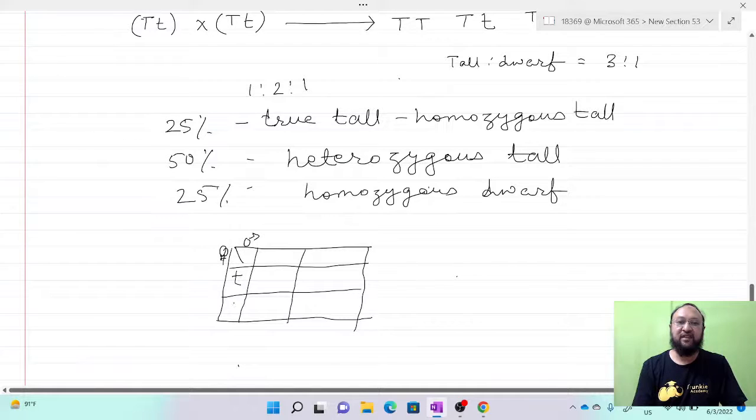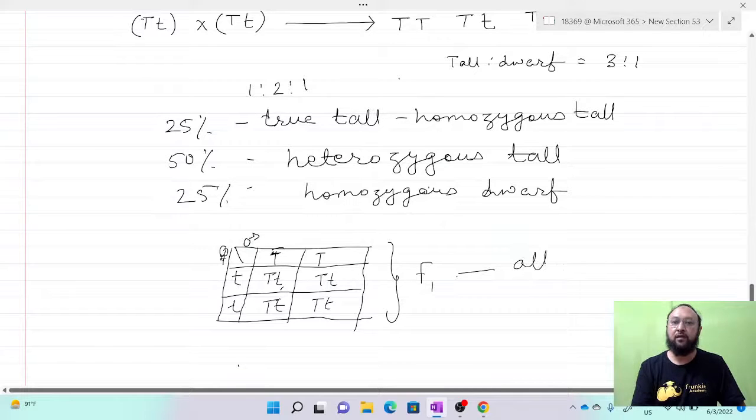Small t and small t, and here capital T and capital T. So the offspring will be capital T small t in each case. So all the plants in the first filial generation are tall.